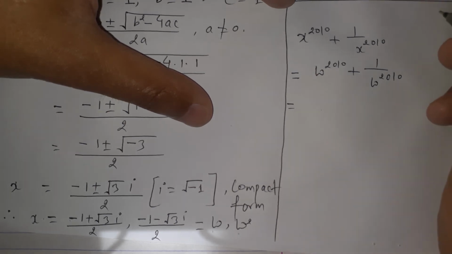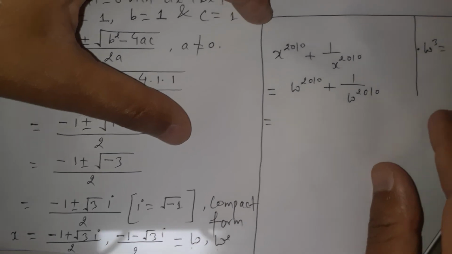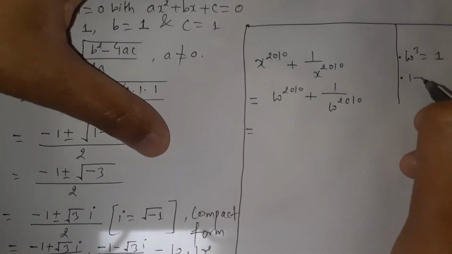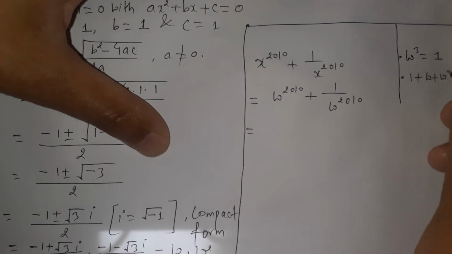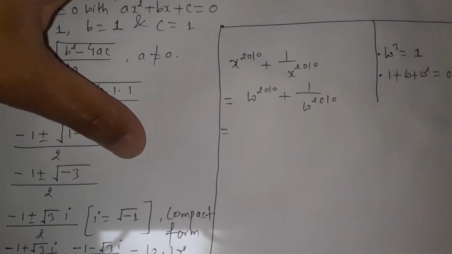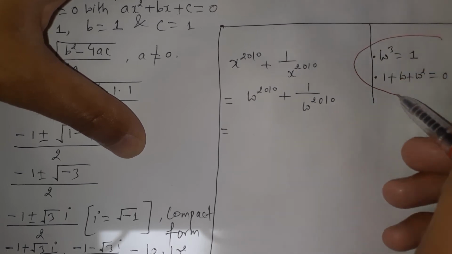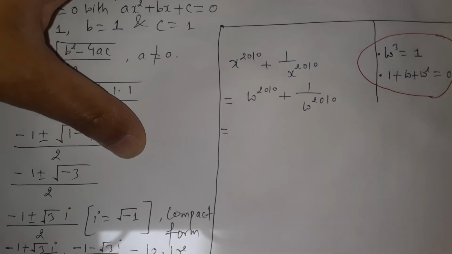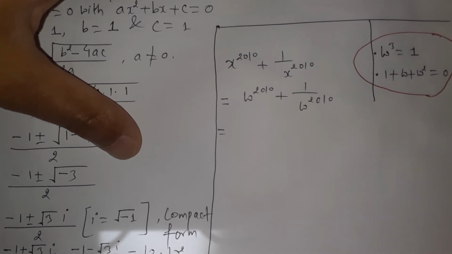The properties are: omega cube is always 1, please remember this property; and the second property is 1 plus omega plus omega square gives the value 0. Please remember these two properties of the cube roots of unity. These are very important properties for solving problems related to cube roots of unity.